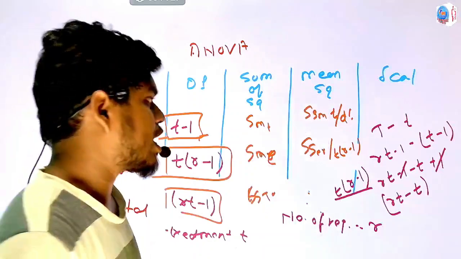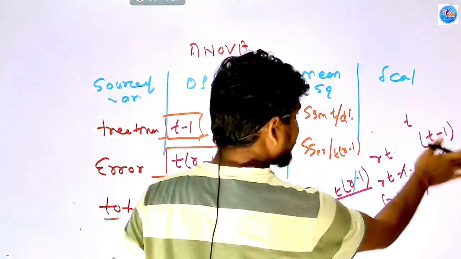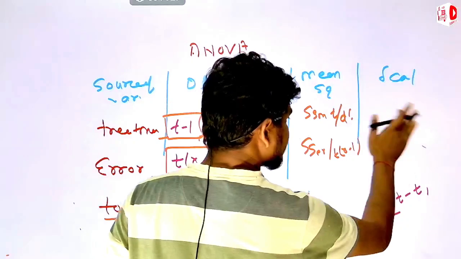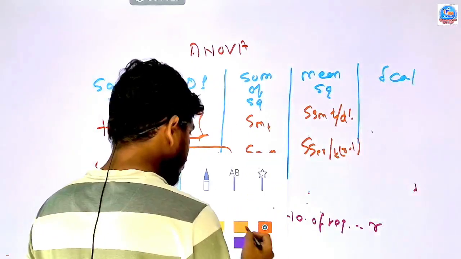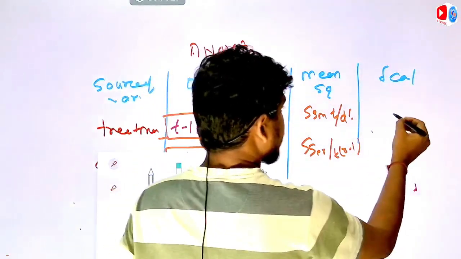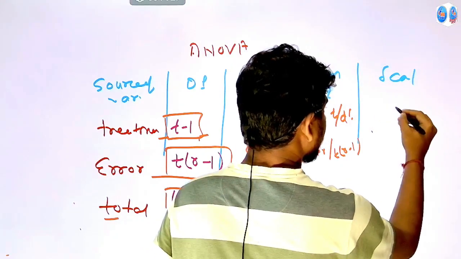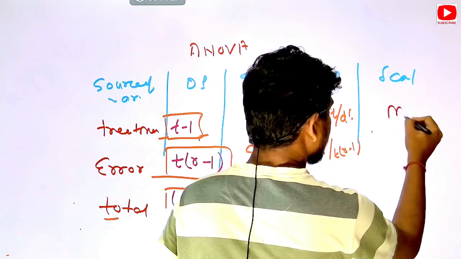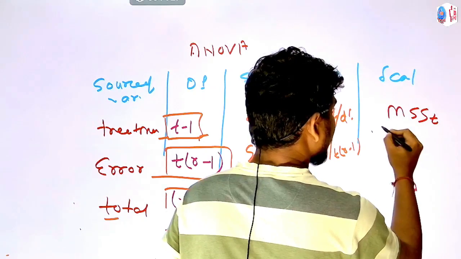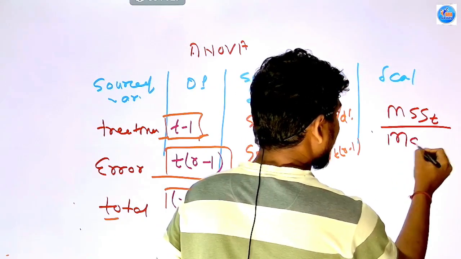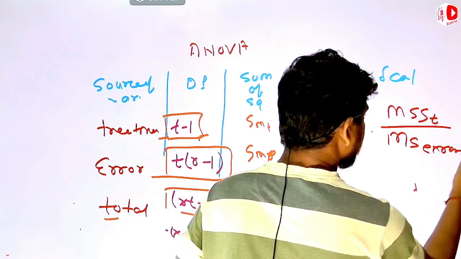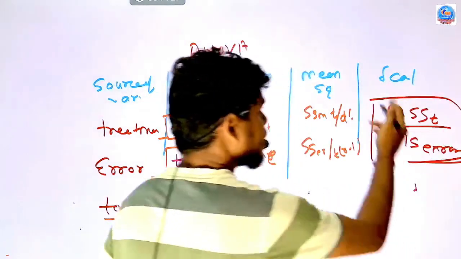Then F calculated is calculated as follows: mean square of treatment divided by mean square of error. This is the calculation of F calculated.